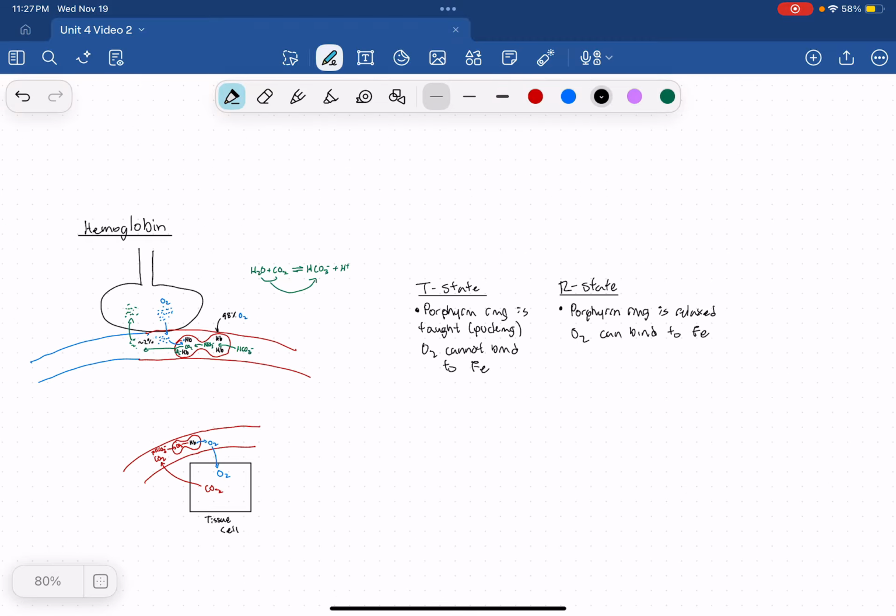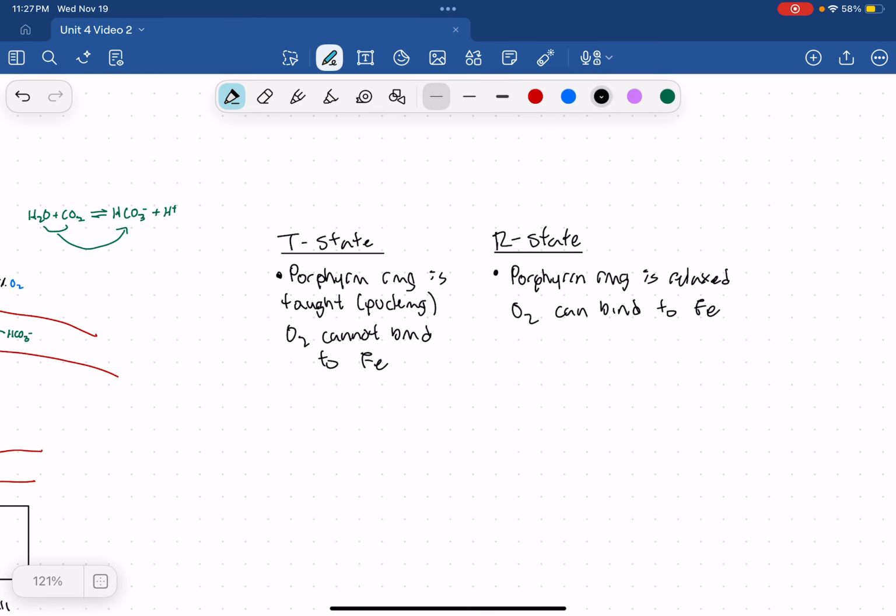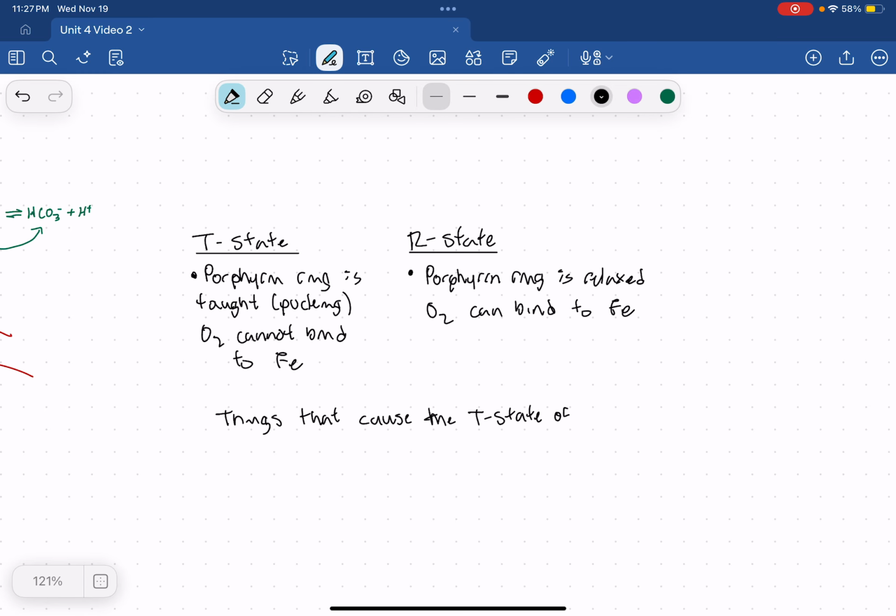Now, there's a couple of things that cause this T state to occur. So let me talk about that. Things that cause the T state of hemoglobin.